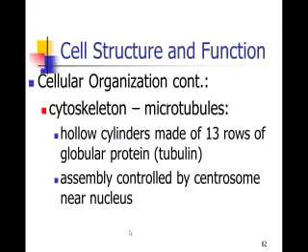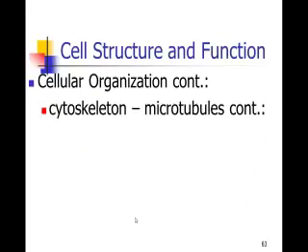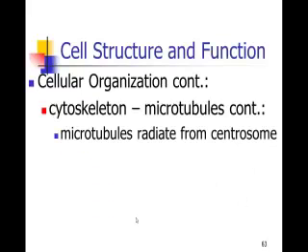Remember, we talked about the centrosome being near the nucleus. And this is in the same general area that centrioles are found. The centrioles become apparent when cells undergo mitosis. The microtubules radiate outward from a centrosome.